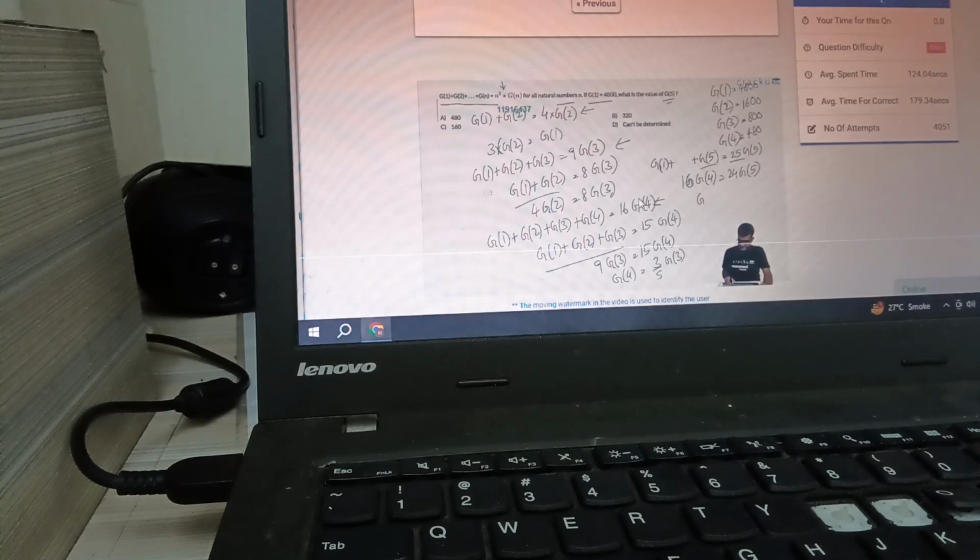Or g of 5 is equal to 16 by 24, that is 2 by 3 times g of 4. G of 4 is 480, therefore g of 5 will be equal to 2 by 3 into 480, which is 320. So the correct answer is option B.